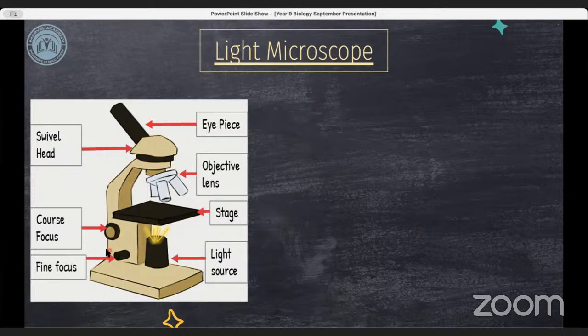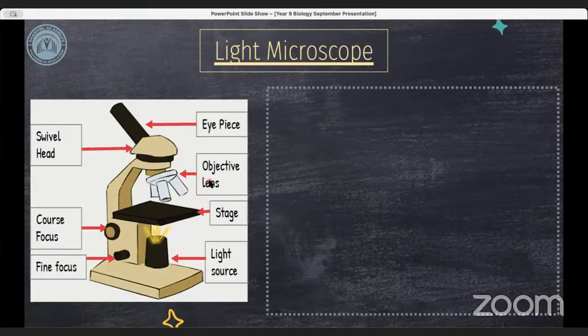You can see the objective lens, and this is the stage, children. This is the place where we place the specimen, and you have the light source. Light microscope means that's why we need a light source, right? And this is the fine focus. This is the coarse focus. Objective lenses are available here.